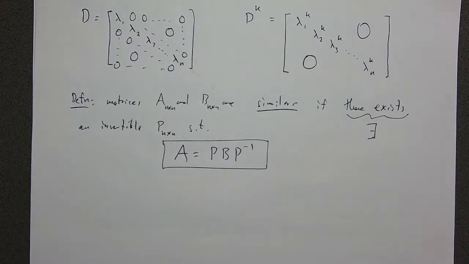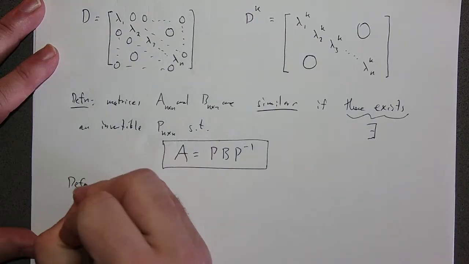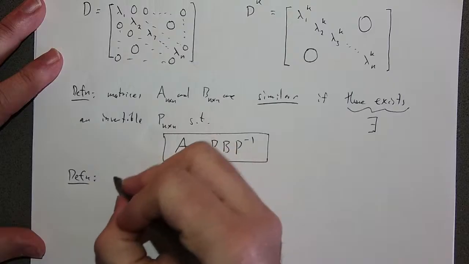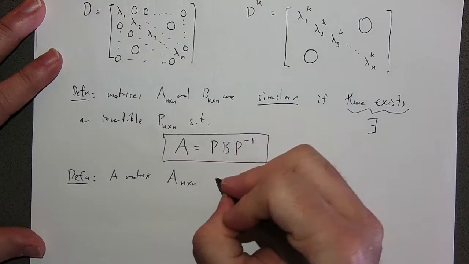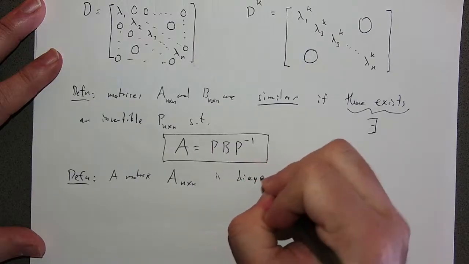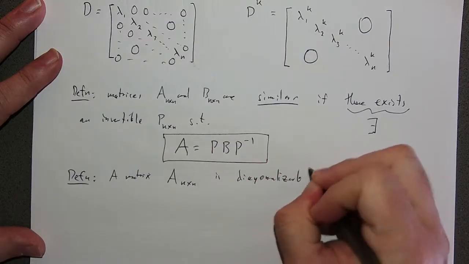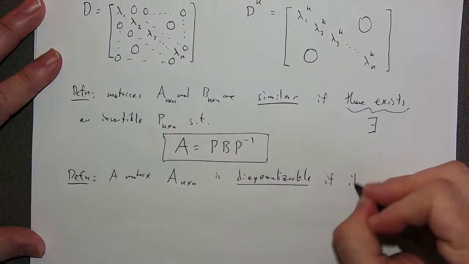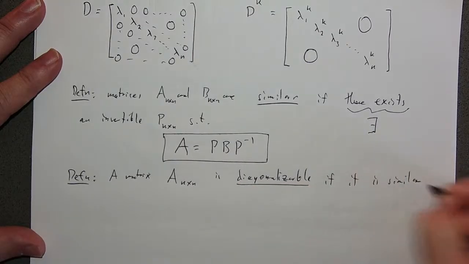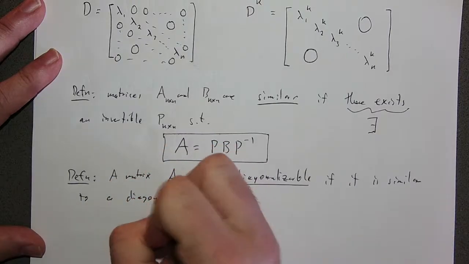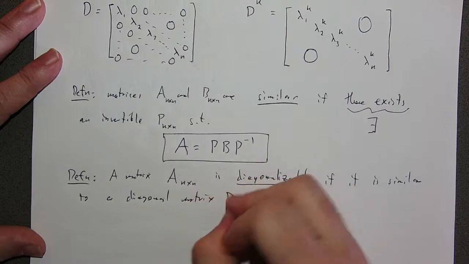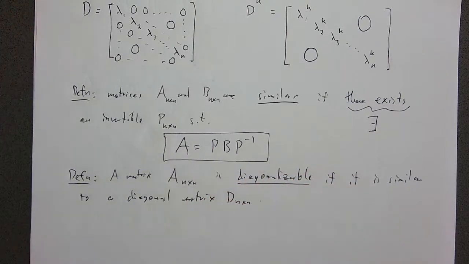So we are going to write the following definition: a matrix A, which is an n by n matrix, is diagonalizable if it is similar to a diagonal matrix D. Okay.